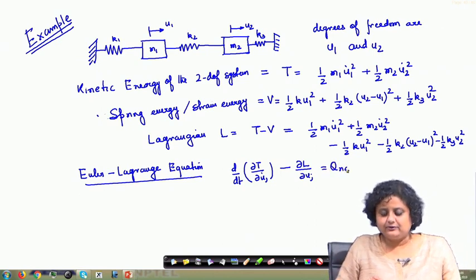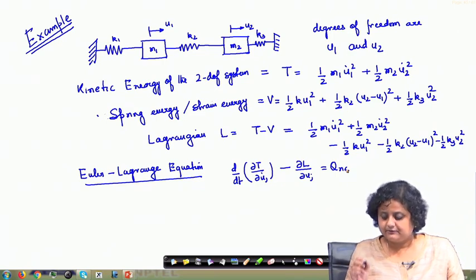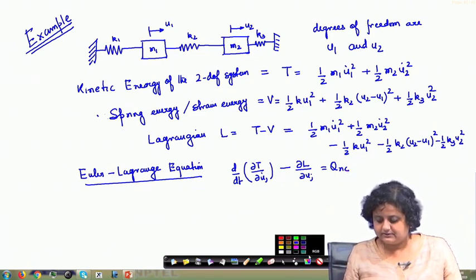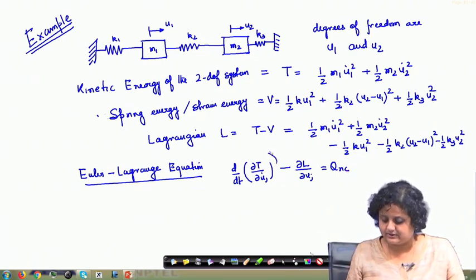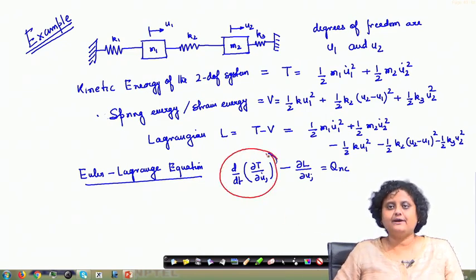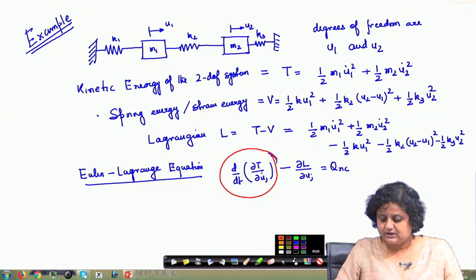So, let us try to first find out the first term of the left hand side of the equation. Let me see how we can do this.